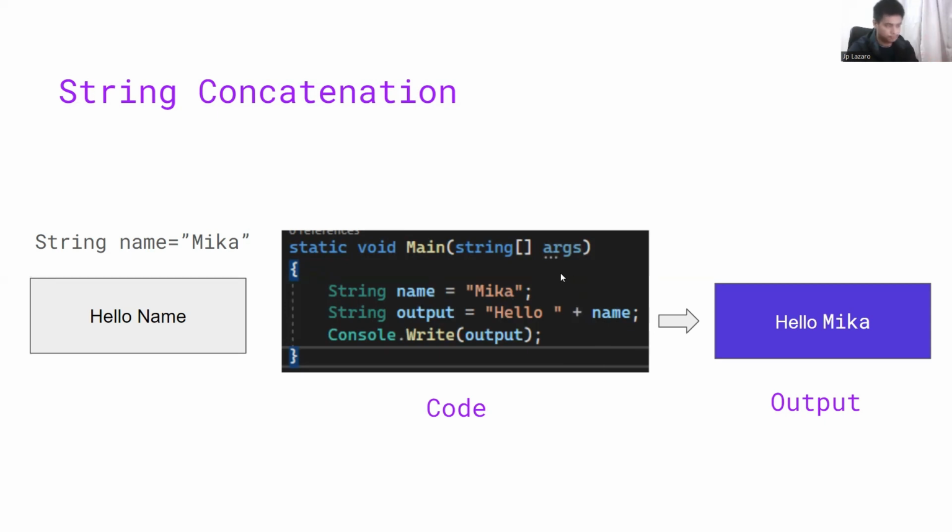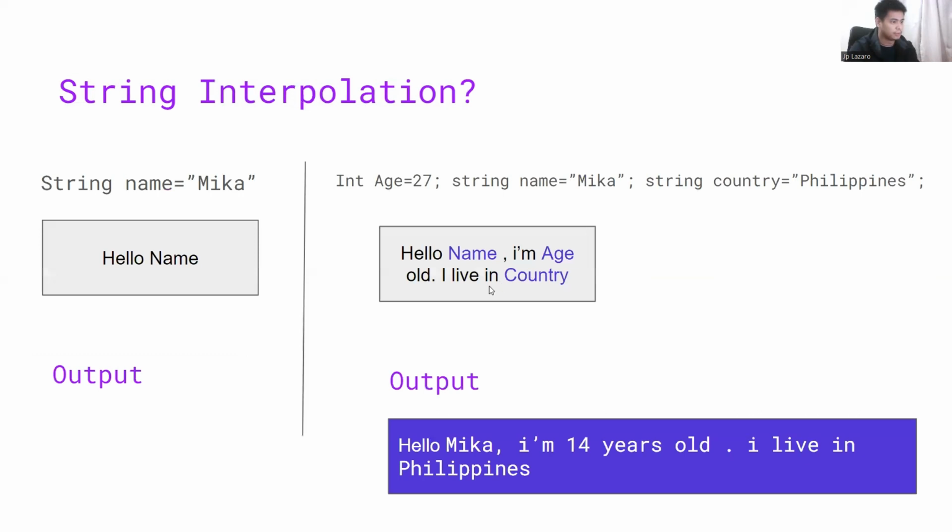just to concatenate these two, right? So what if the business wants to change their requirements again? Instead of name, they want to display more properties. For example, if they want to display age, name, and country. Potentially in the future, more properties, hundreds of properties, right?